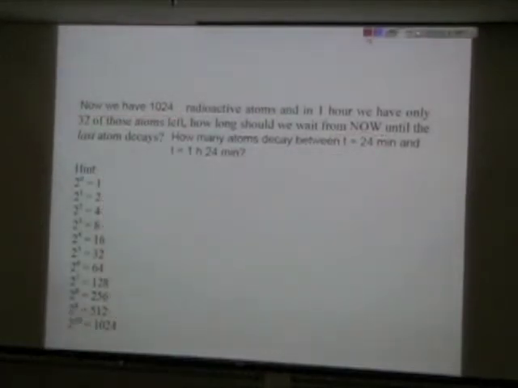Now, how many atoms decay between this and this? Well, in this case, again, we can think about it differently. Probably the easiest way is just to calculate N24 and N124.